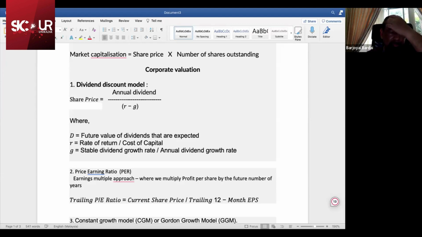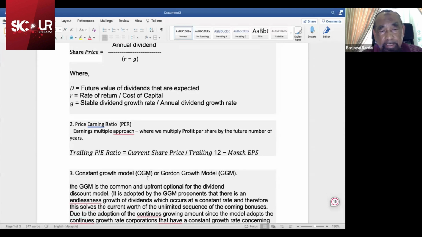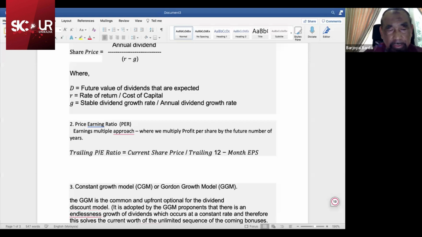And the future number of years will be determined by how confident we are of the market in the future. So it is also called the trailing price earning ratio, where we take the current share price divided by the trailing 12-month EPS.